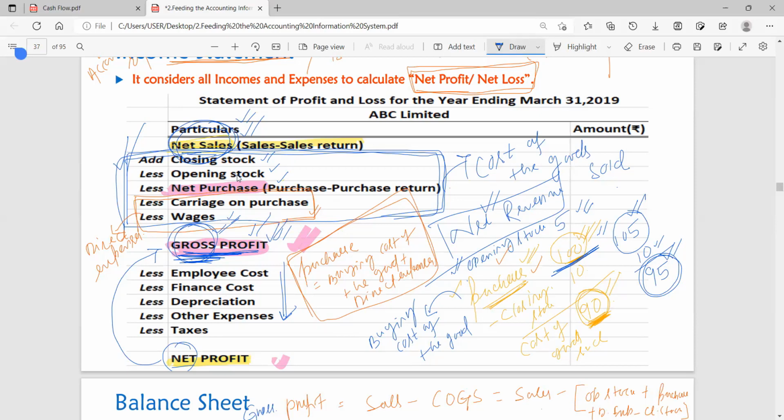These expenses, for example, include employee cost or salary, wages, and finance cost. If you borrowed money from lenders or from banks, you have to pay interest. That is called a finance cost, the cost of financing our business. Depreciation is the consumption of fixed asset utility.